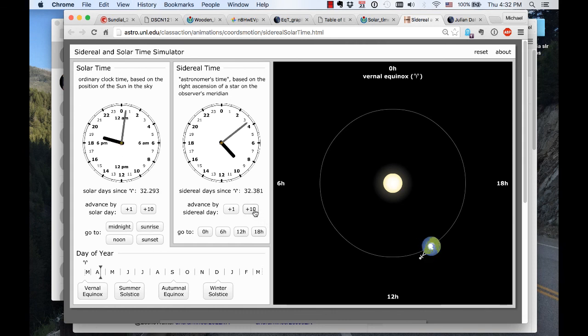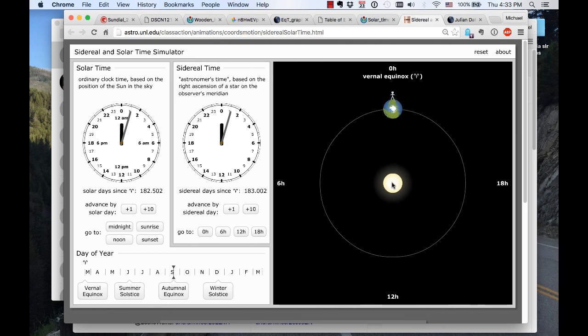If we go all the way around to the other side of the orbit, in fact, let's just run ahead to the autumnal equinox. So here we are over here. All right, now it's 0 hours sidereal time. We'd look in that direction for stars that have 0 hours right ascension.